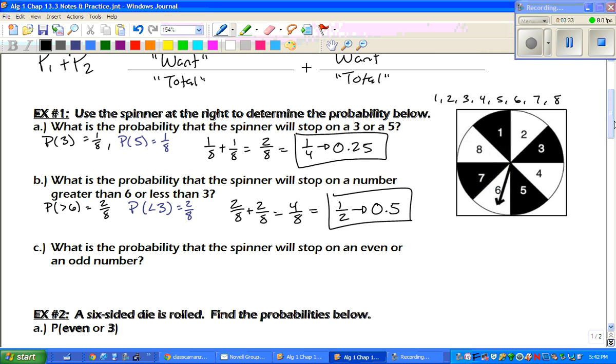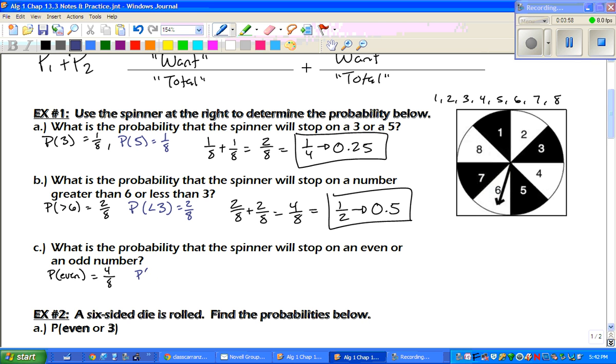Okay, what is the probability that the spinner will stop on an even or an odd number? Think about that one for a second. So we have to do the probability of even. Well, the probability of even, you've got 4 chances.